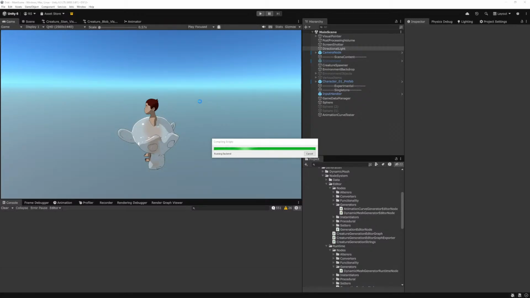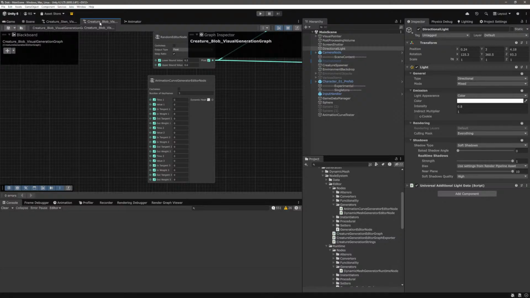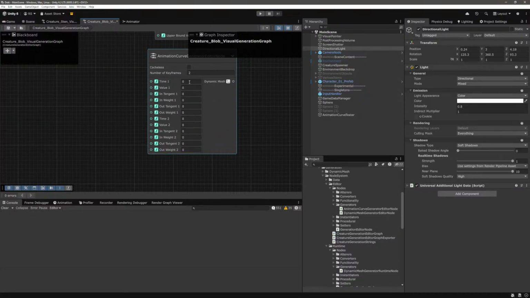And then we can add a start node and an end node as well. Okay.